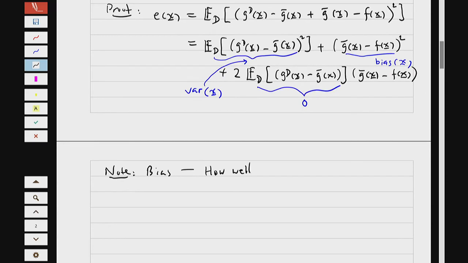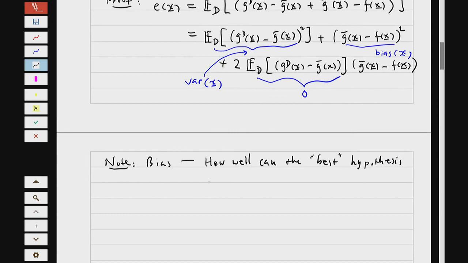You have to choose the best one through training, but this hypothesis comes from your hypothesis set. How well can the best hypothesis in your learning model approximate the target function, on average?